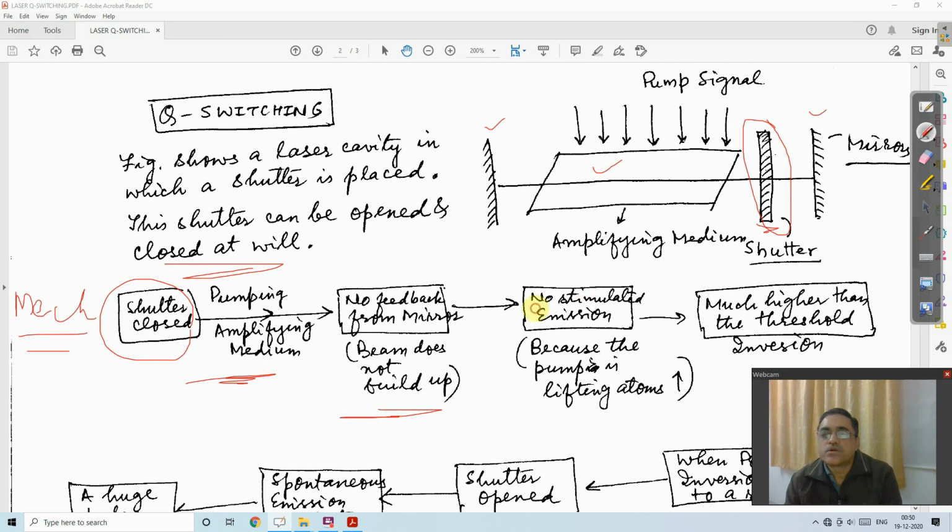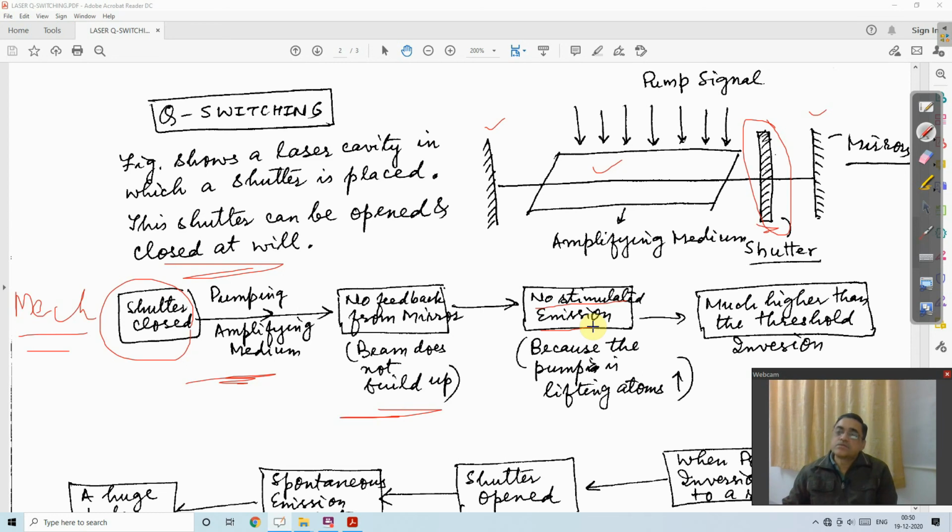There is no stimulated emission, and the pump signal is only lifting the atoms. That is its only job.